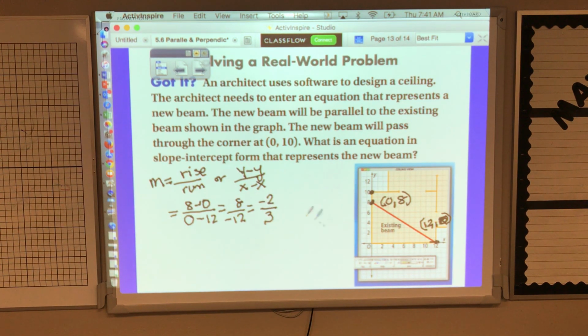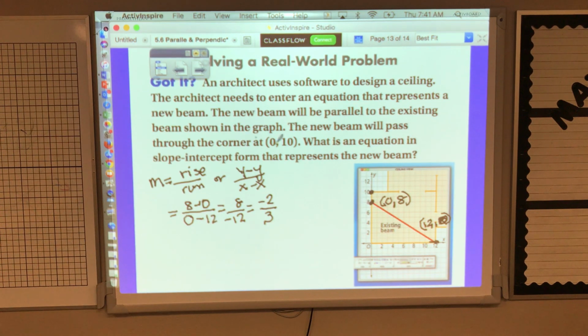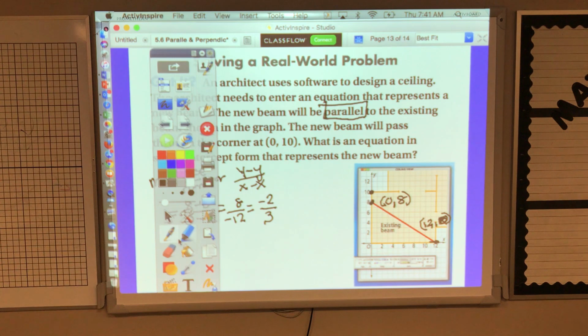Right? Now they told me they want my line to be parallel, okay, to the existing beam. Okay, so the only thing I needed to find was actually the slope. I don't care about the rest of that equation. I could easily write it because I know the y-intercept, but I don't need to. I just need to write my equation in slope-intercept form, okay?